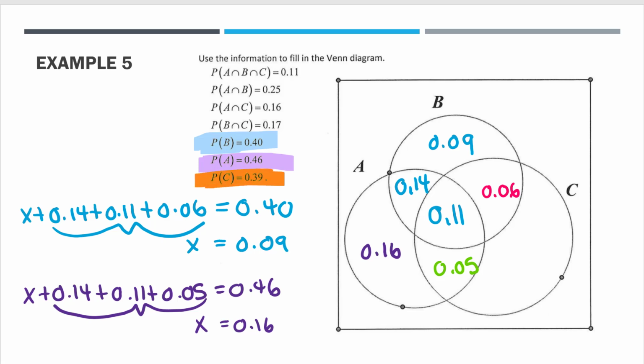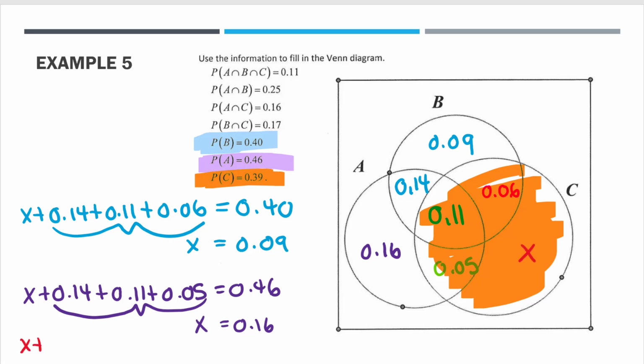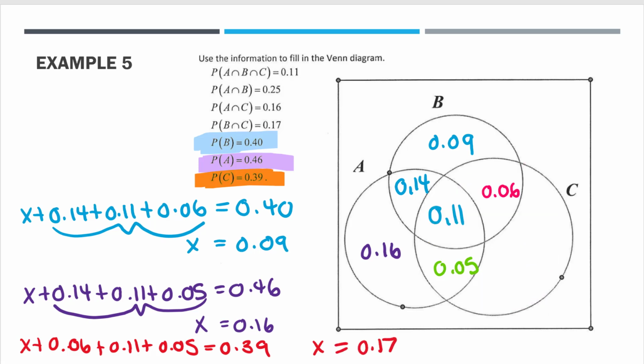Lastly, the probability of event C, this entire circle. If I put x in the remaining part of C, x plus 0.06 plus 0.11 plus 0.05 is equal to 0.39. So x simplifies to be 0.17.